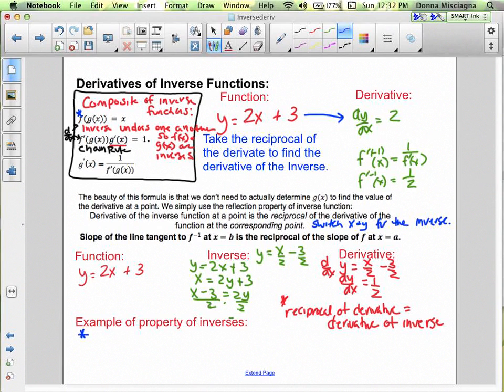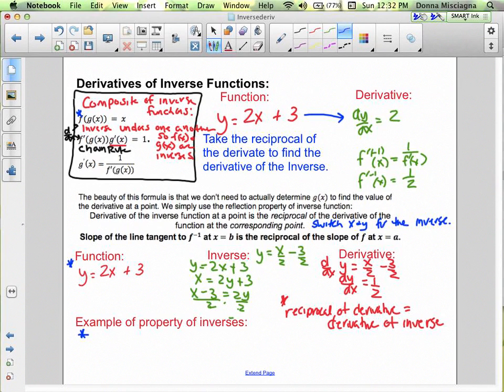All right, so just a little show you the inverse here. I'm going to use that with this function here. We're going to plug the inverse in for x.